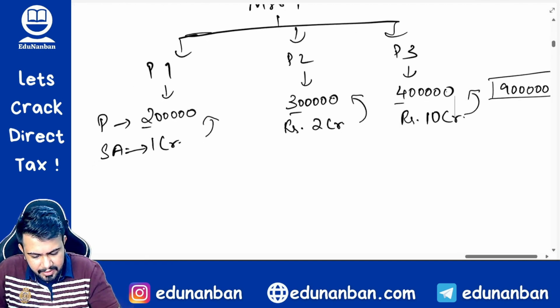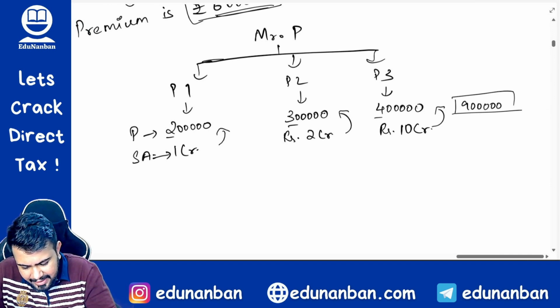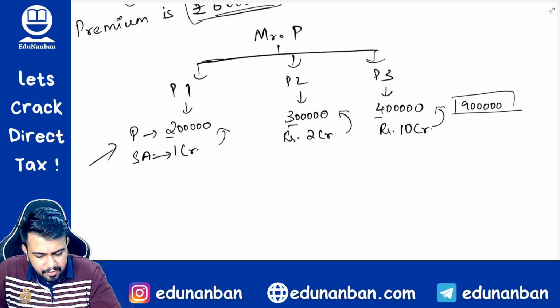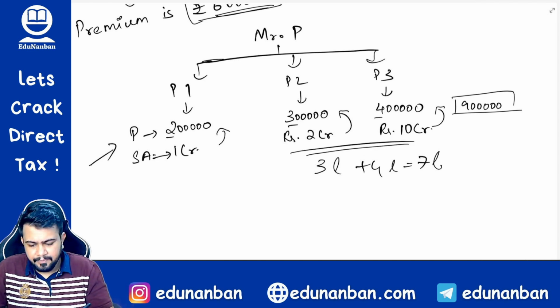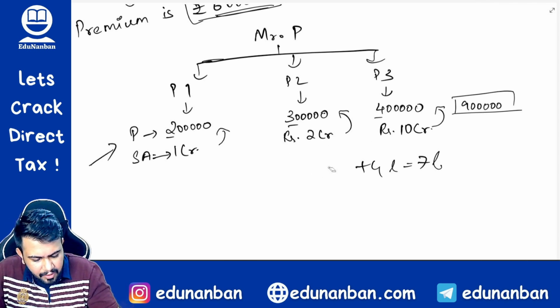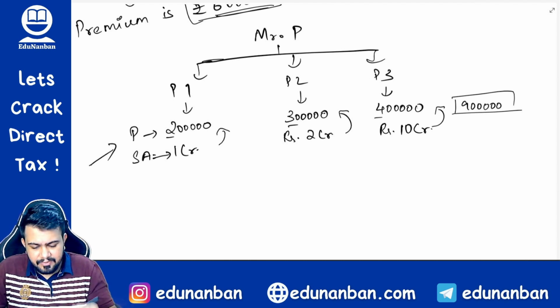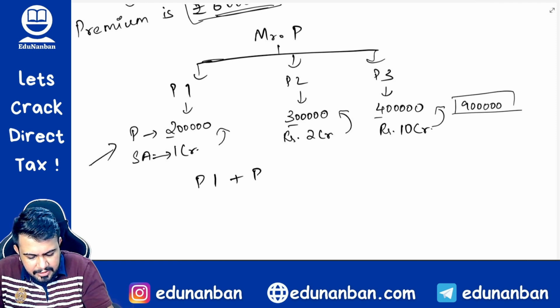So for example, I can choose that I will exempt policy 1. If I exempt policy 1, then what will happen? 3 lakhs plus 4 lakhs will be 7 lakhs. So this entire amount will be taxable. Correct? I can also choose that I will get an exemption for both policy 1 as well as policy 2.